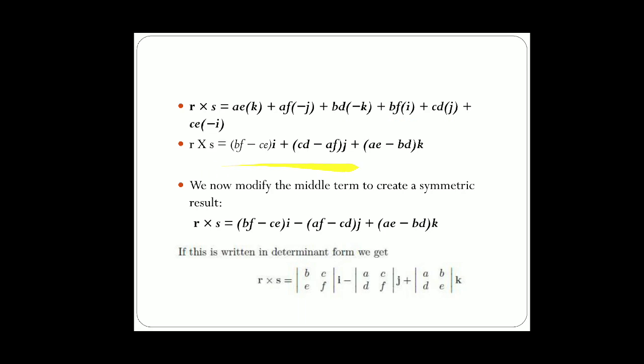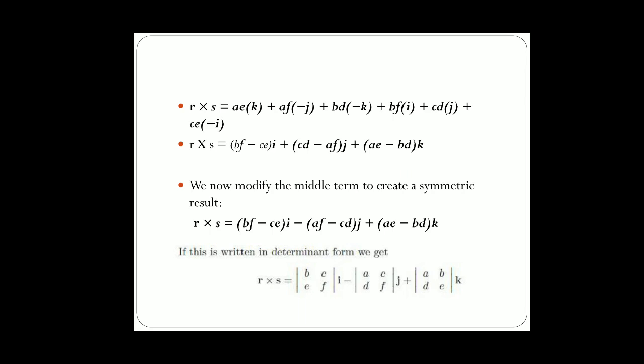After inserting these values and modifying, we got that r times s is equal to (bf minus ce) i minus (af minus cd) j plus (ae minus bd) k.